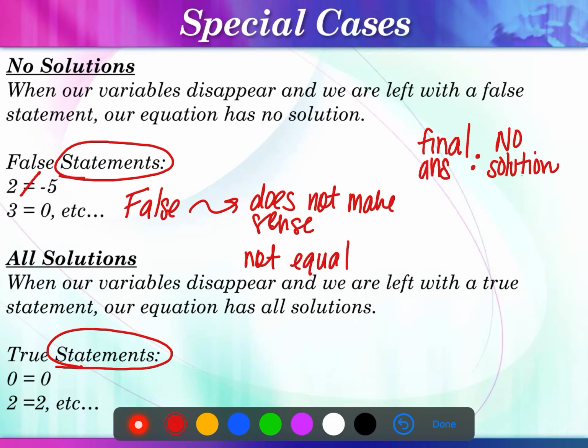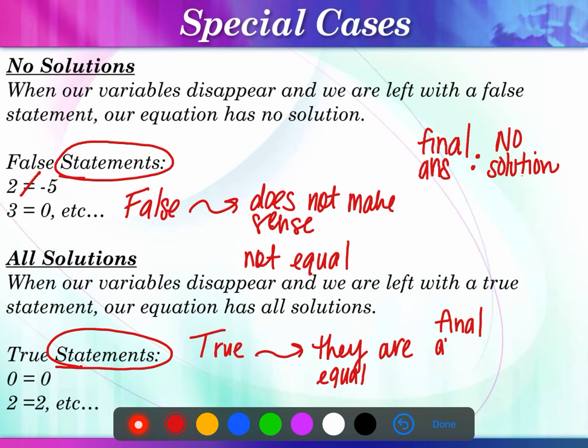Okay, and then the flip side to that is a true statement. So when you get something that makes sense, the same number on each side, 0 equals 0, 2 equals 2. Okay, so a true statement, they are equal. Okay, your final answer that you would write down, because you wouldn't just leave 0 equals 0, your final answer is all solutions.